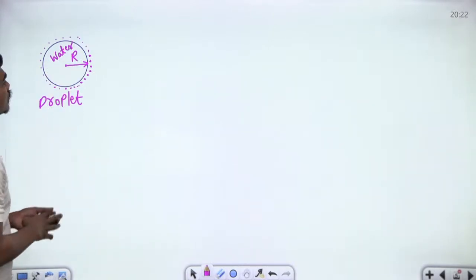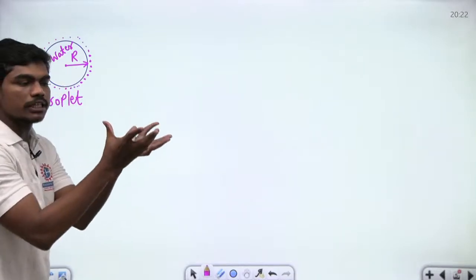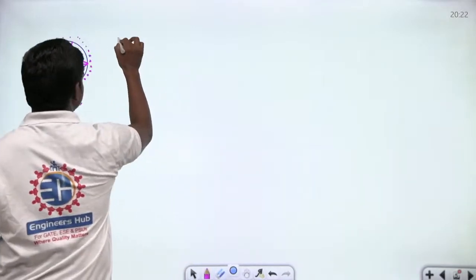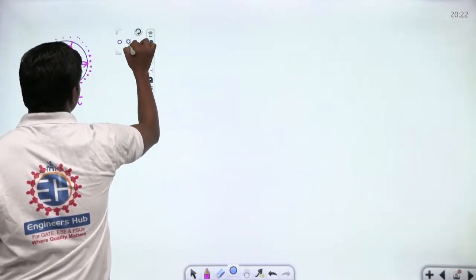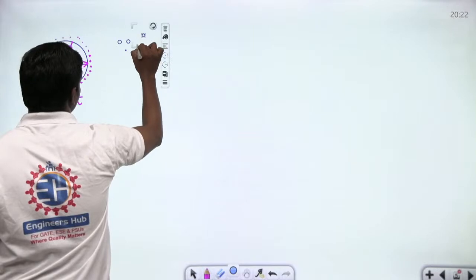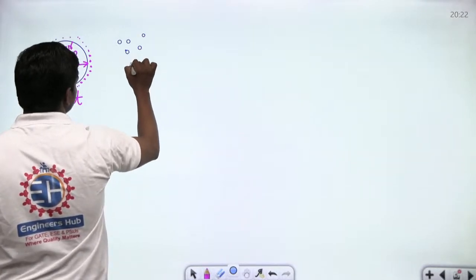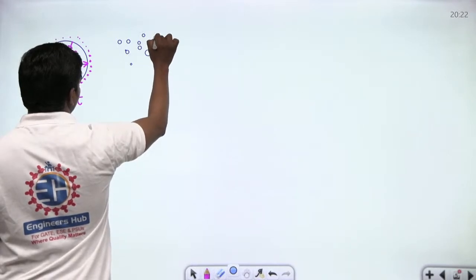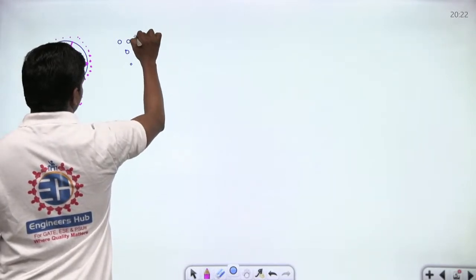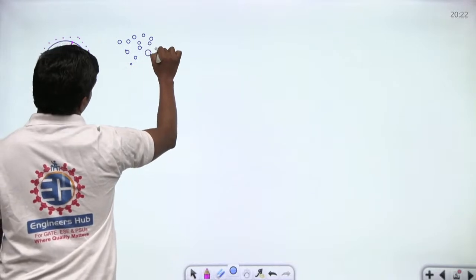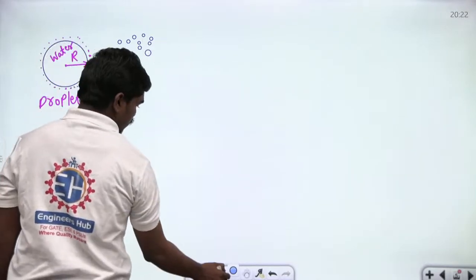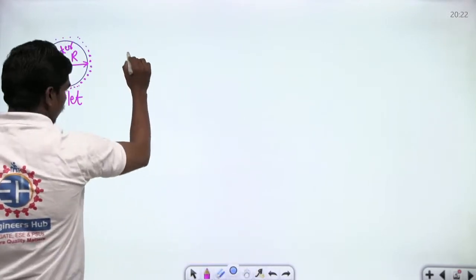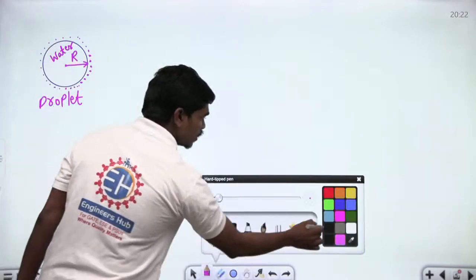Now let us suppose this big sphere of water is dissociated into small droplets. Let us better draw some manual sketches, because it's difficult for us to create equal sizes.